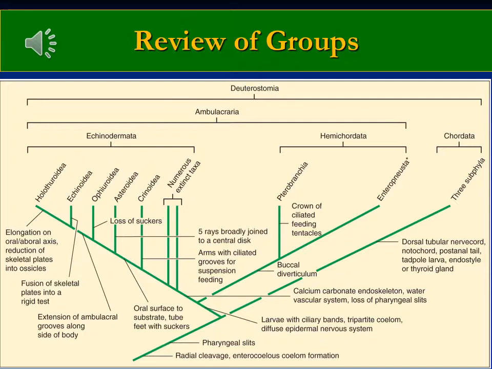We'll get into the hemichordates next, but if you remember, very briefly, those are pterobranchs, these deuterostomate worms that have some of the chordate characteristics, but not very many of them.